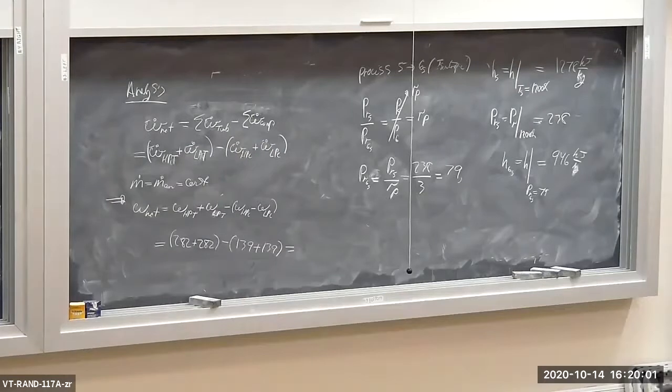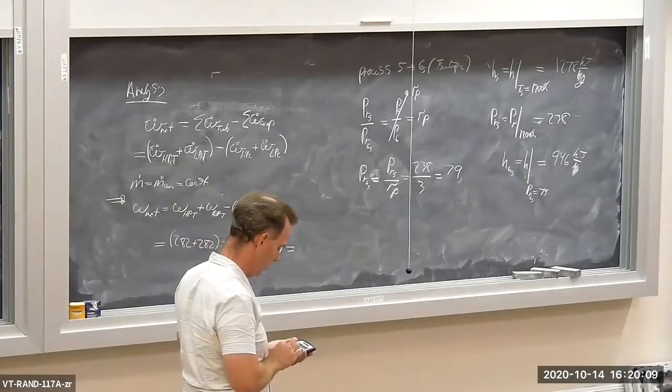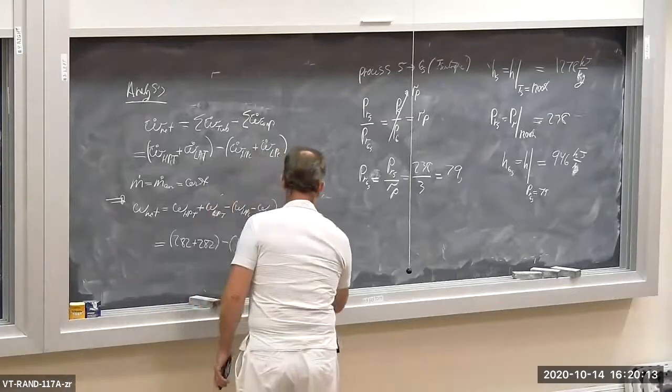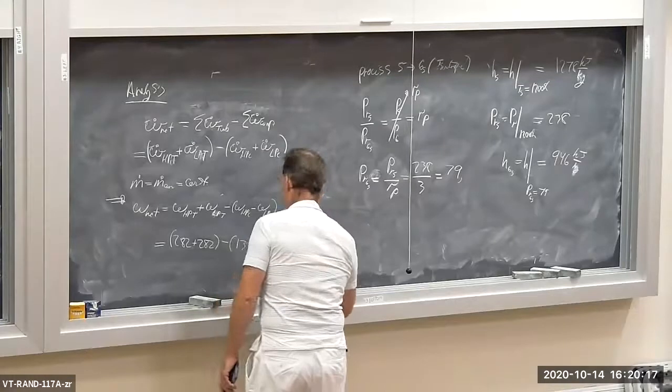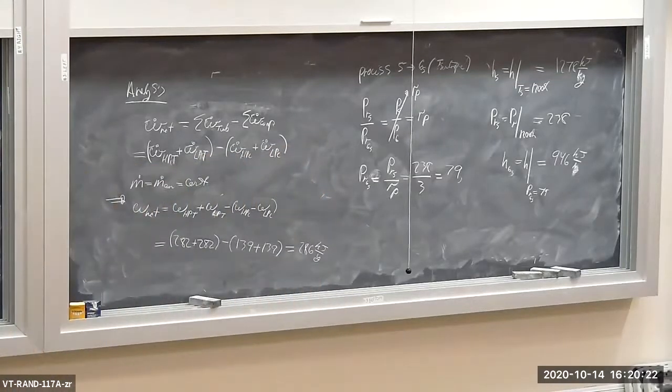So let's crank that out. 286 kilojoules per kilogram.